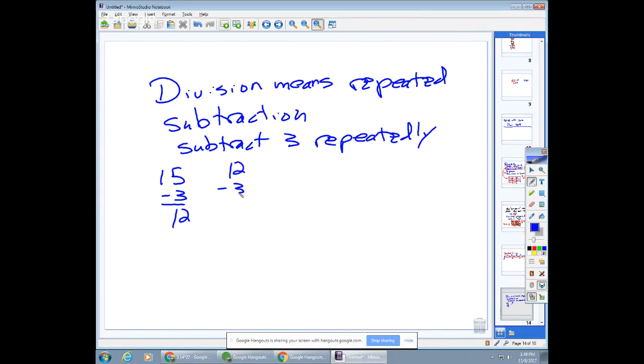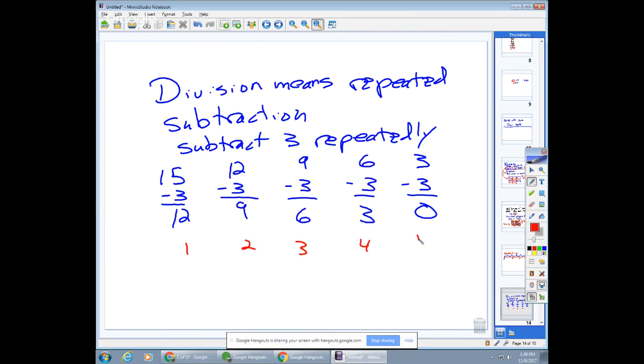I'm going to go 12 minus 3 is 9. 9 minus 3 is 6. 6 minus 3 is 3. And 3 minus 3 is 0. So I subtract until I can't anymore. And then I found it happens 1, 2, 3, 4, 5 times.